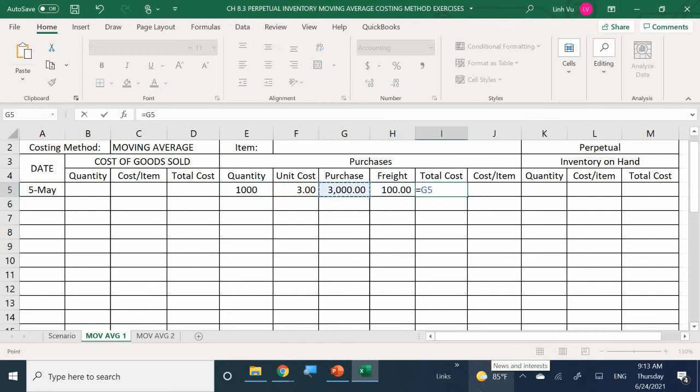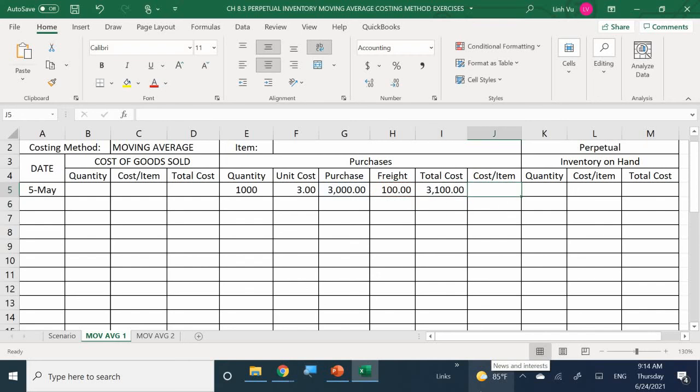If I purchase 1,000 units at $3 each with the freight costing $100, what is my total purchase price? 3,000 plus $100 gives me a grand total cost of 3,100. And because this is my very first batch of inventory, okay, $3.10, good, thank you.